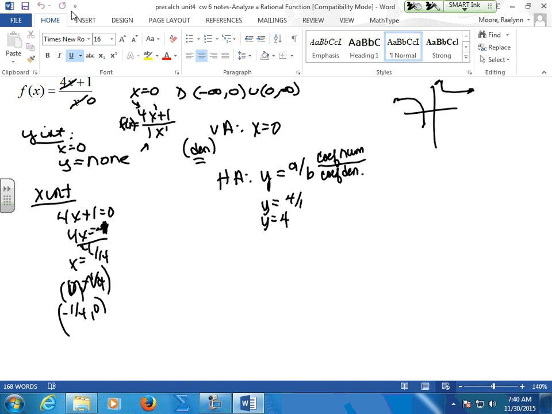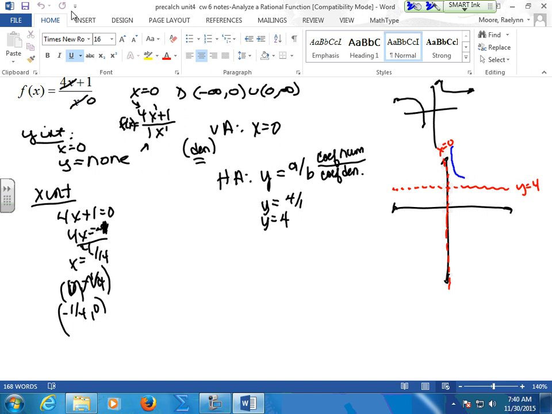So now we can sketch this. Draw your asymptotes. You have x equals 0. This is one of your asymptotes. You have y equals 4. This is another asymptote. Now you put your asymptotes down, and watch how nice this is to sketch.